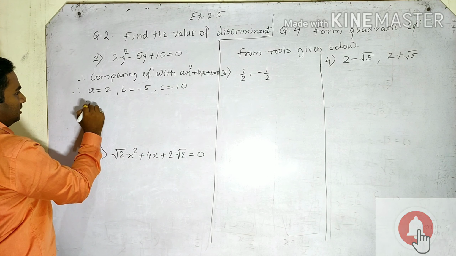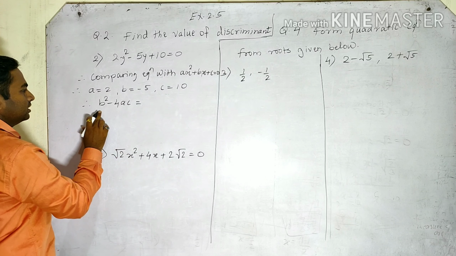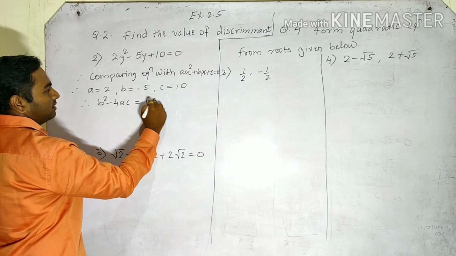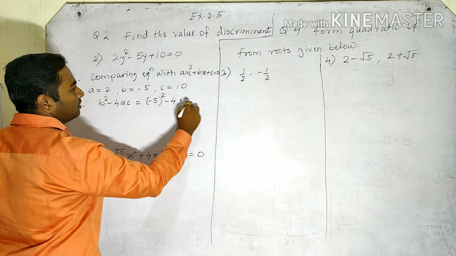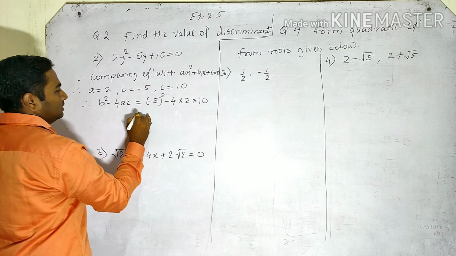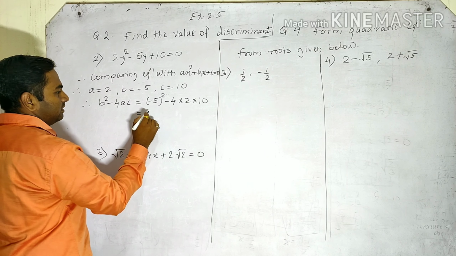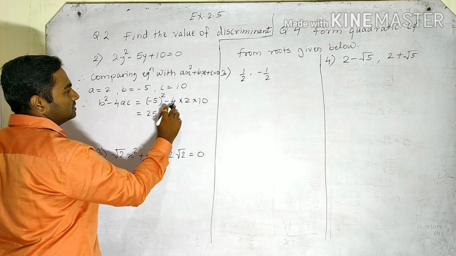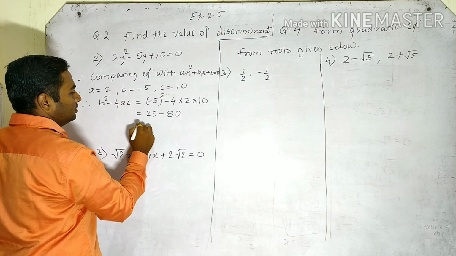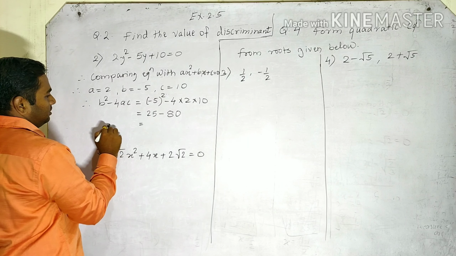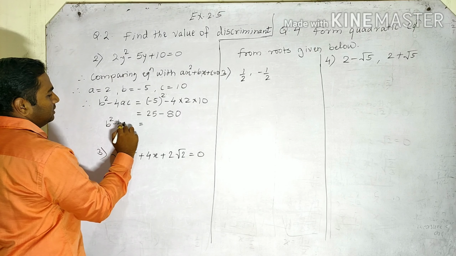So now we have to find out the b square minus 4ac. b square minus 4ac is equal to, so what is the b's value here? Minus 5 bracket square minus 4 multiply a, that is the 2, multiply c, 10. So minus 5 square is 25, minus 4 2s are 8, 8 10s are 80. So we get the b square minus 4ac's value, that is the discriminant.